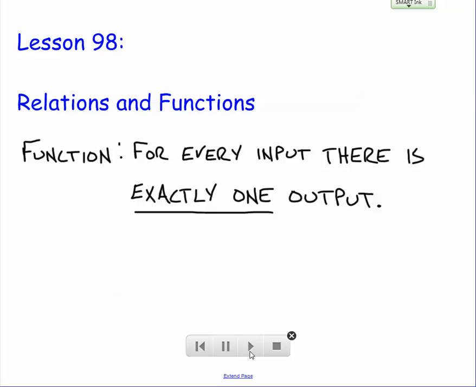If an input has more than one output, it's not a function, and we just call that a relation. So for every input, there's got to be exactly one output.